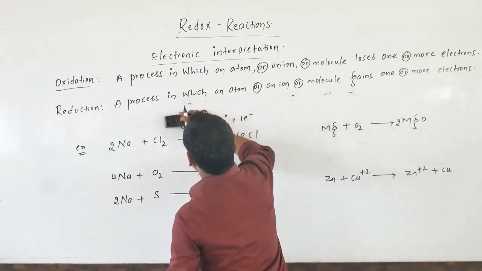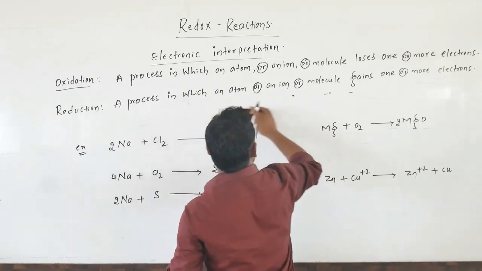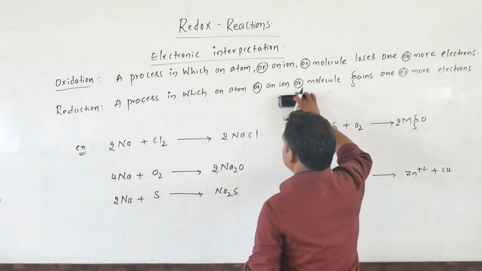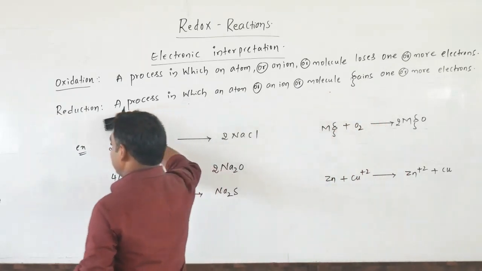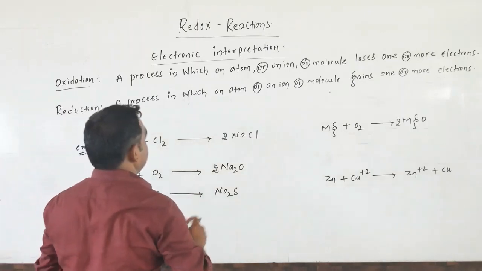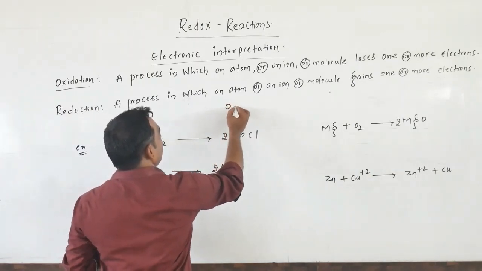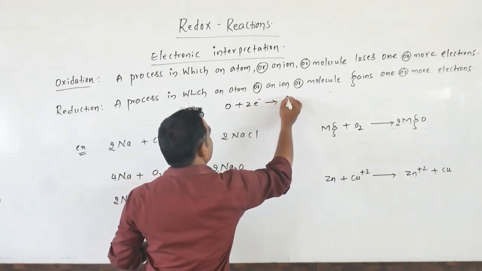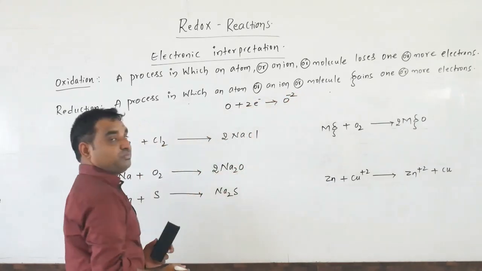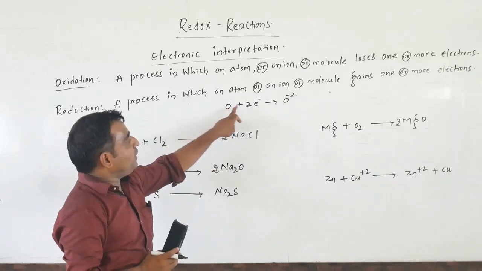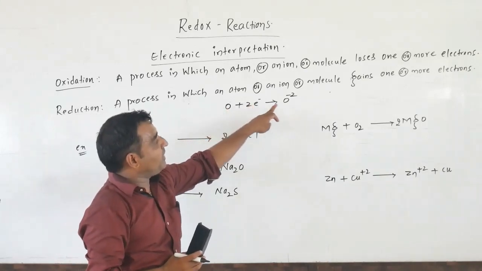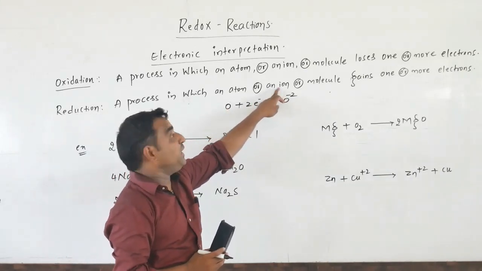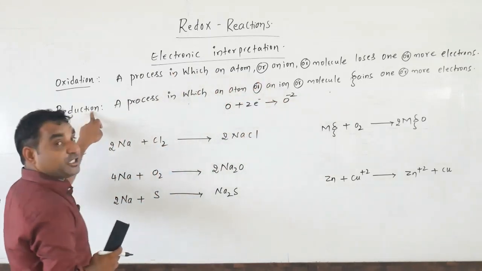Reduction means the atom or an ion or molecule gains one or more electrons. For example, you can take oxygen, which gains 2 electrons and becomes oxide, O minus 2. Gaining of electrons is called reduction.